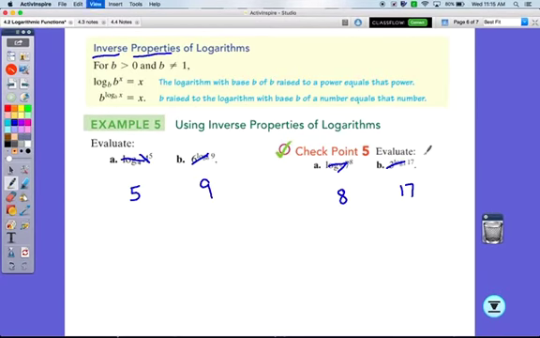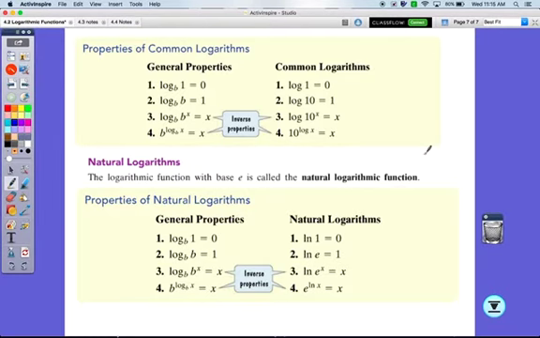All right. And then finally, before we finish the lesson out, there are 2 types of logs that will pop up that are very prevalent in word problems and in real life. We have the common log and we have the natural log. The common log is the log that has a base of 10. So if we have a log base 10, let's say we'll just put a variable here, x.